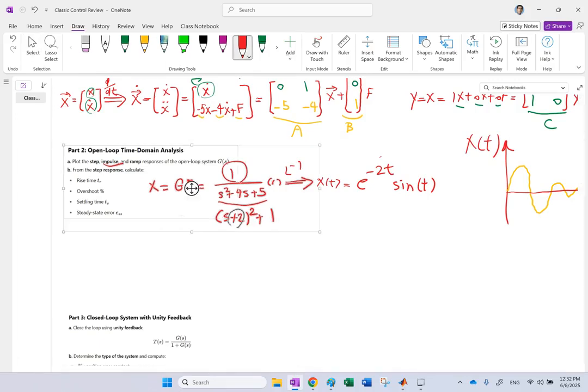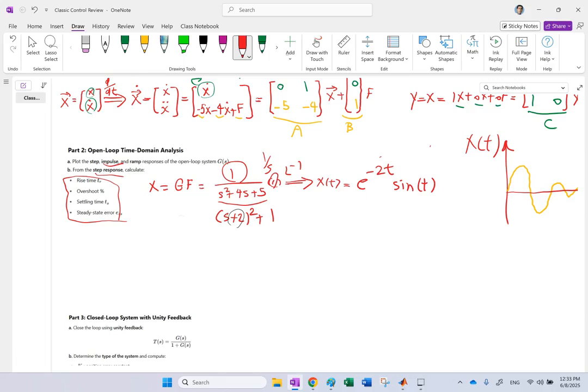Now, here, this is for the impulse response. What you define these characteristics for is the step response. So in that case, if you want to do that, then this 1 has to be replaced by 1 over s. And then you're going to have another term added, and your response is going to go around a fixed number, and around that number the system is going to oscillate.